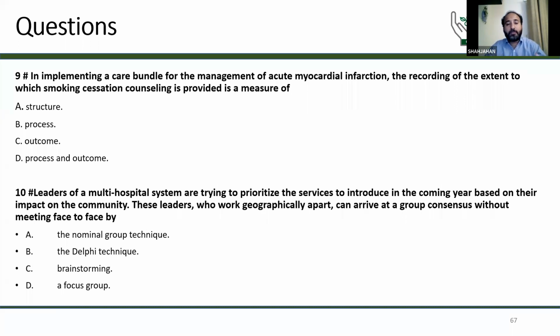As we discussed before, if we have many hospitals, their staff cannot combine at one place. So which tool do they have to use for the decision? They will use the Delphi technique. In the Delphi technique they combine brainstorming and multi-voting, they send email, and then they receive the consensus.